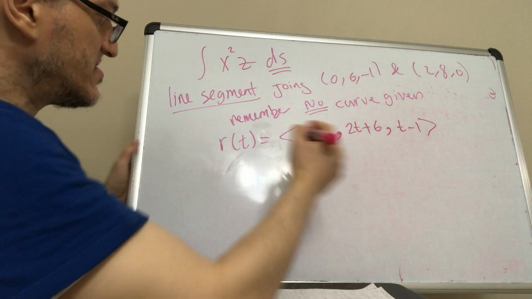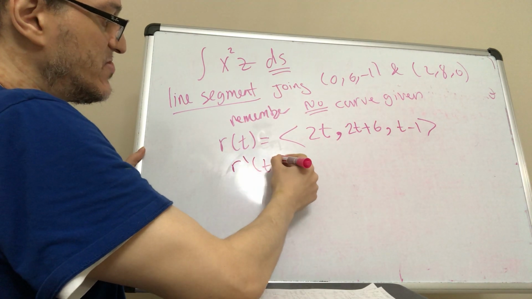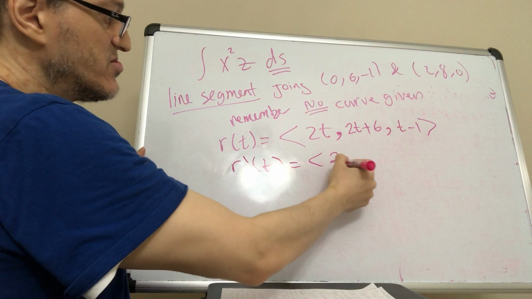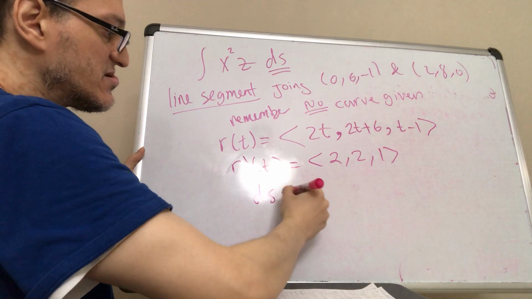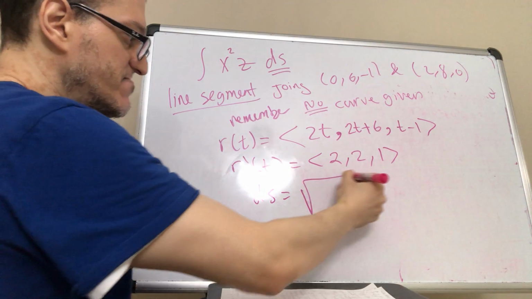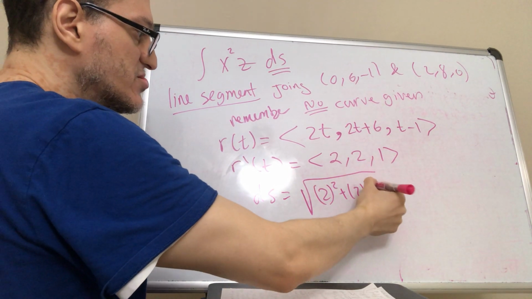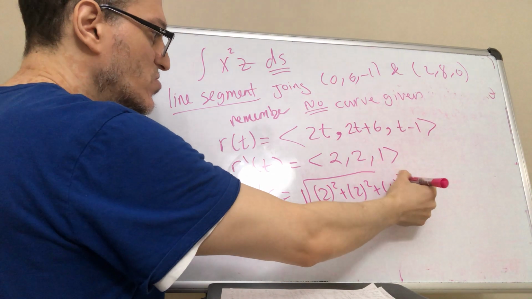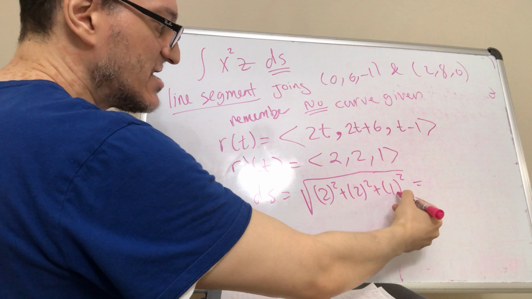Once you made the curve, you can find ds. You find the derivative of this, which is 2, 2, 1. And ds will be the magnitude of this. 2 squared, 2 squared, 1 squared, 4, 4, and 1, that's 9.